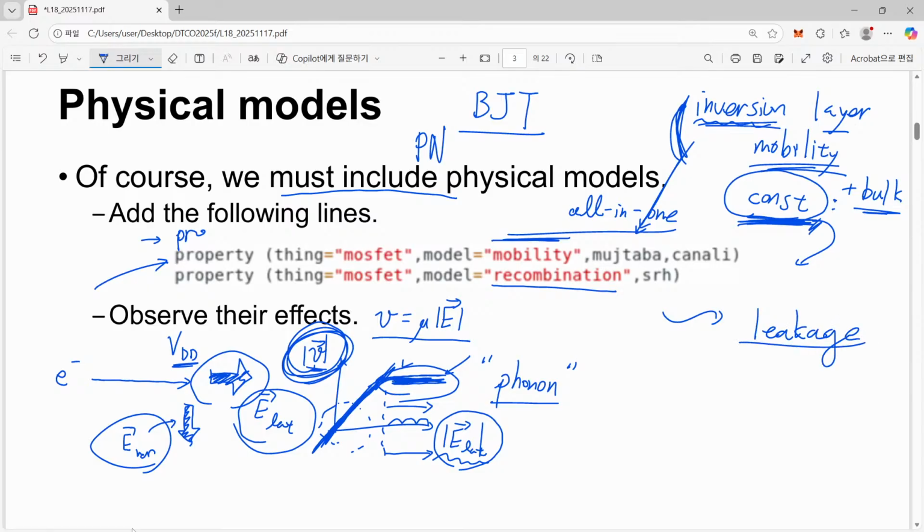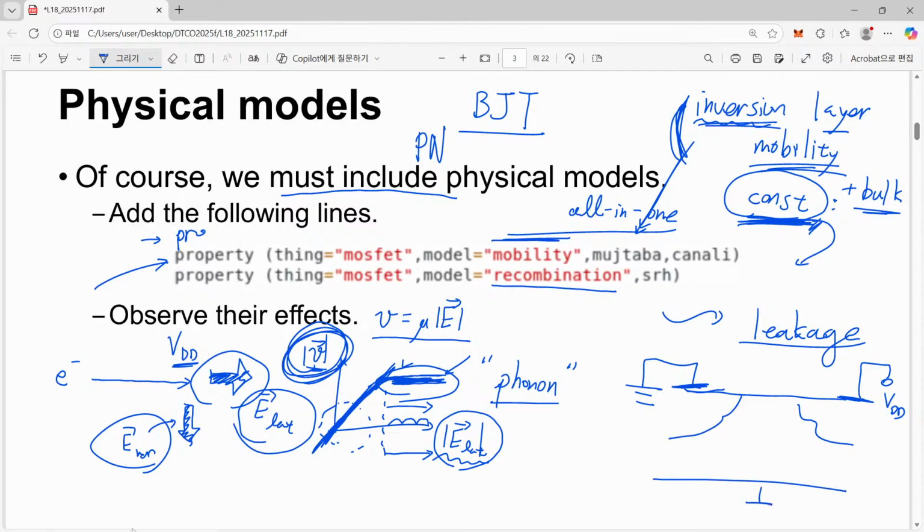Leakage current means that, for example, you have a planar device, and say that this is your source terminal, which is grounded, and here you have a drain, which is biased to VDD, and here we have a substrate which is once again grounded. This is N plus, and this is a P-type substrate.